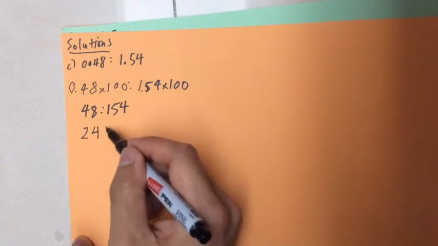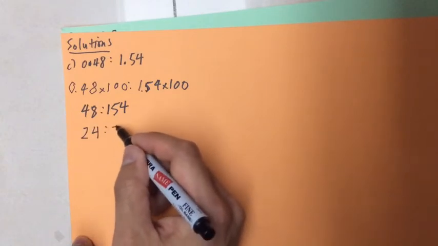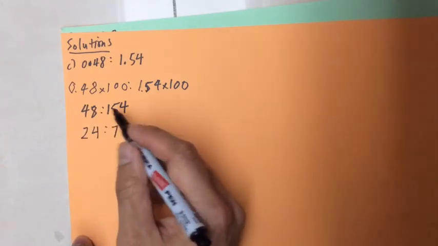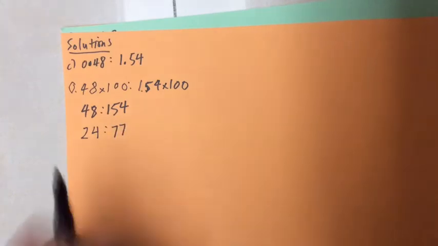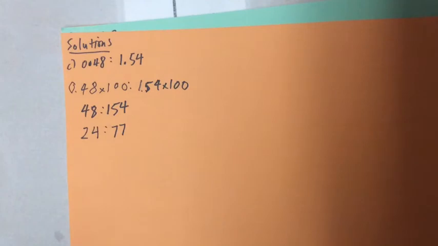That'll give us 24, and I believe we'll have 77 here. Okay. I believe 77 and 24 do not share any other common factors, so this can be written as 24 to 77. Okay.